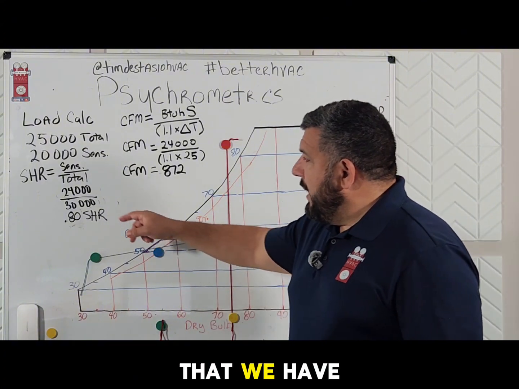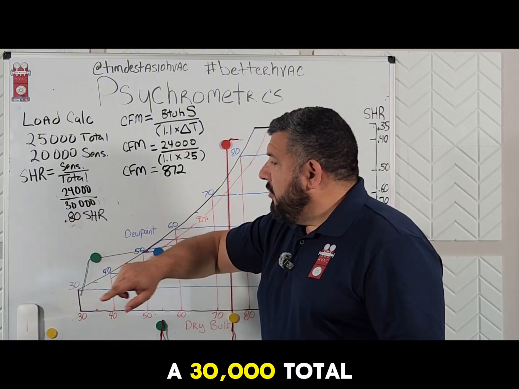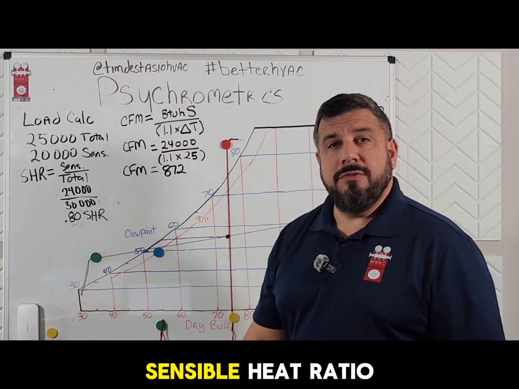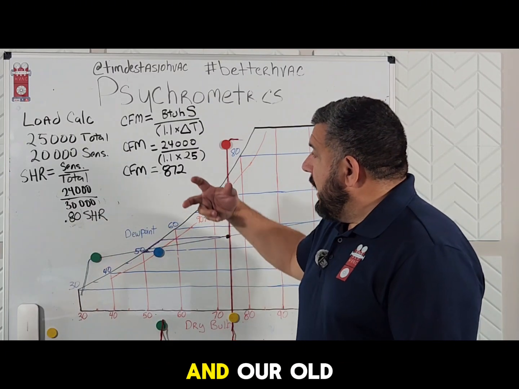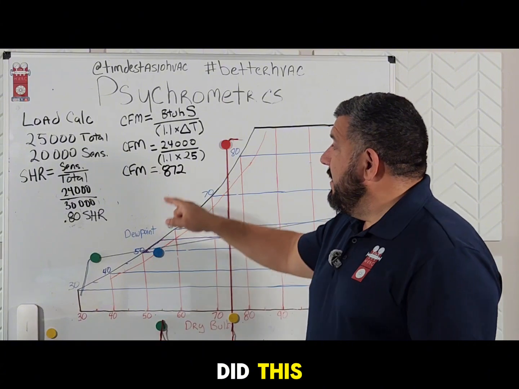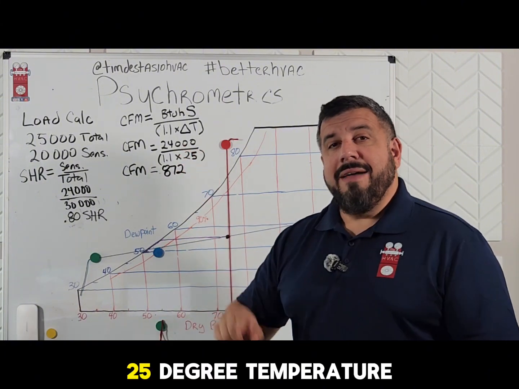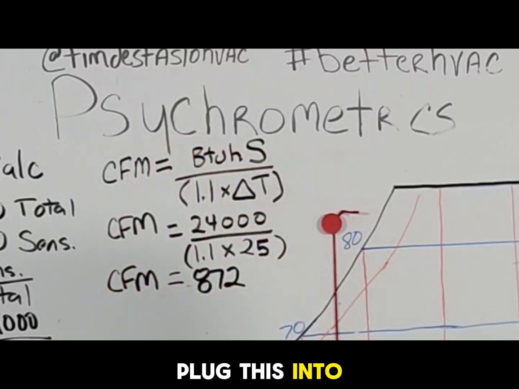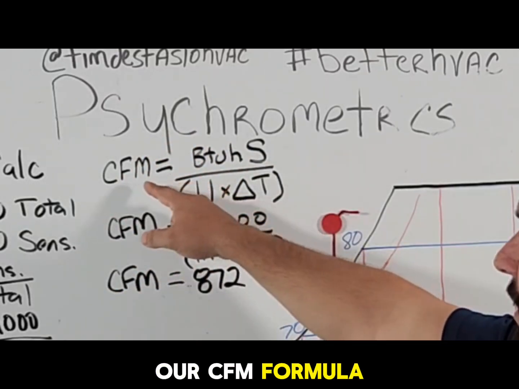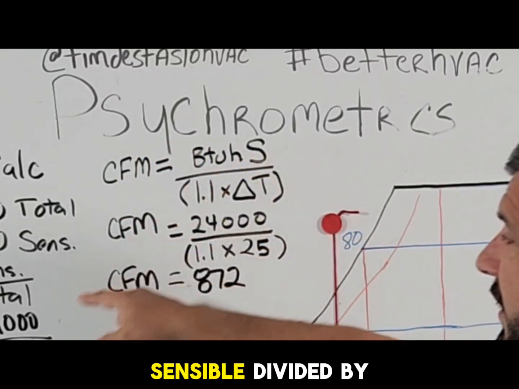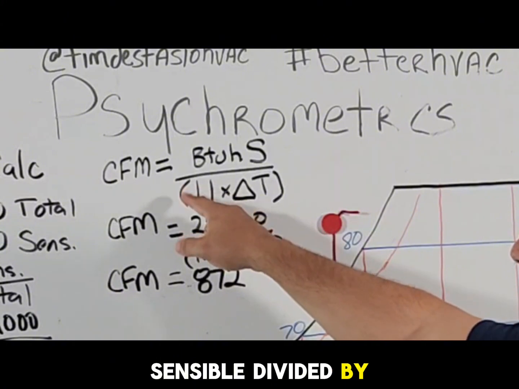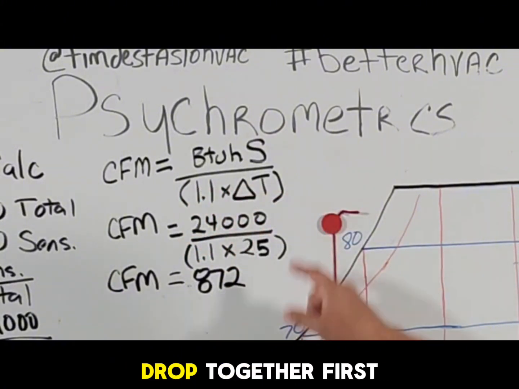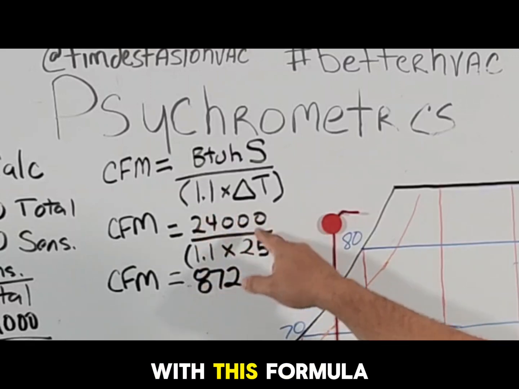So let's say that we have a 30,000 total heat load, 24,000 of that is sensible. We have a 0.80 sensible heat ratio. And our old piece of equipment had a 25 degree temperature drop across it. When we plug this into our CFM formula, CFM equals BTU sensible divided by 1.1 times our temperature drop, we come up with this formula right here.